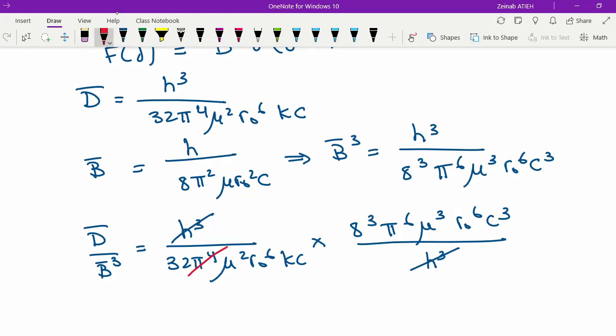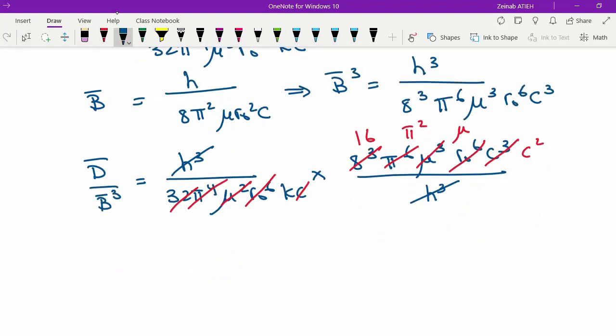Do a simplification. So here there remains pi squared. Here there remains mu, and for c we are left here with c squared. r0 is cancelled from both sides, and we are able to simplify this, which gives us 16. We are left with 16 pi squared mu c squared over k.